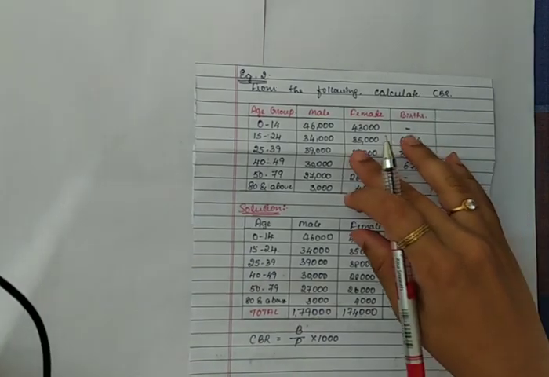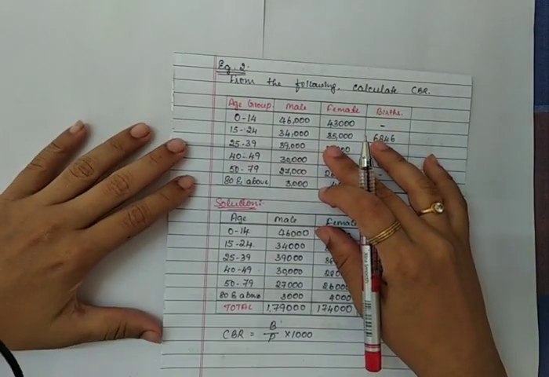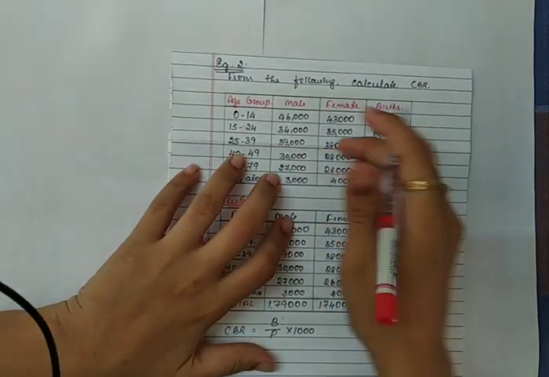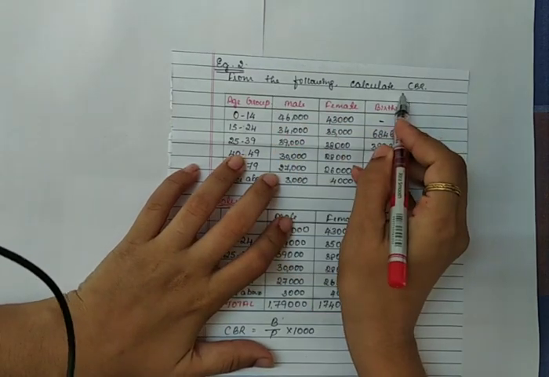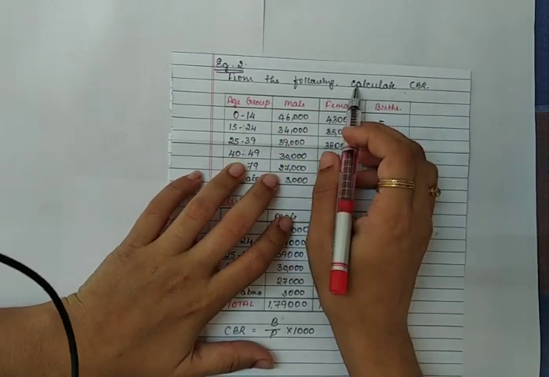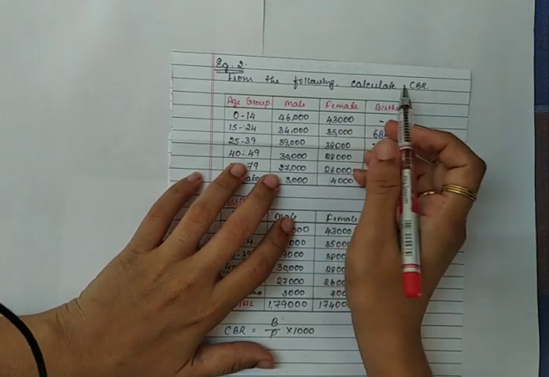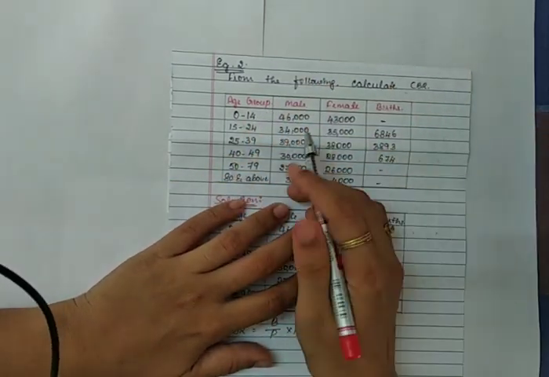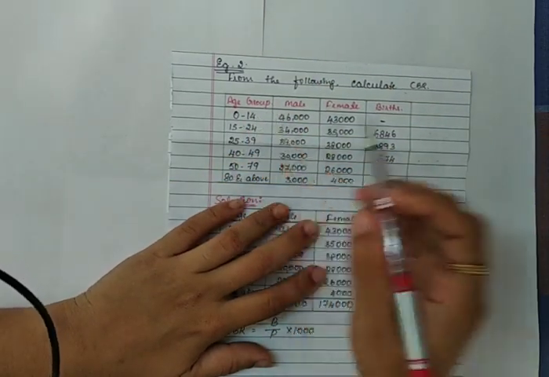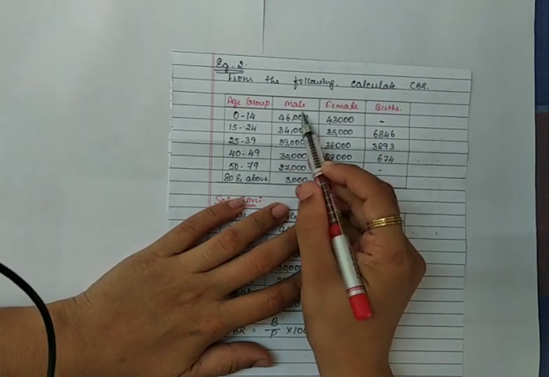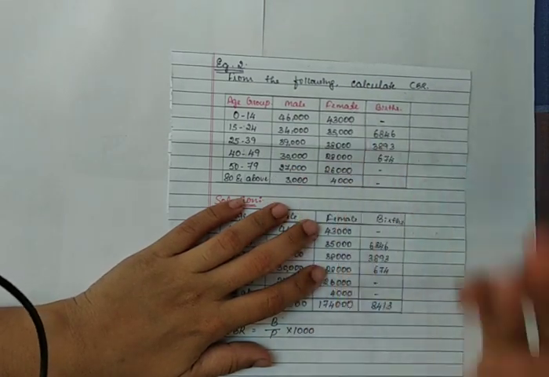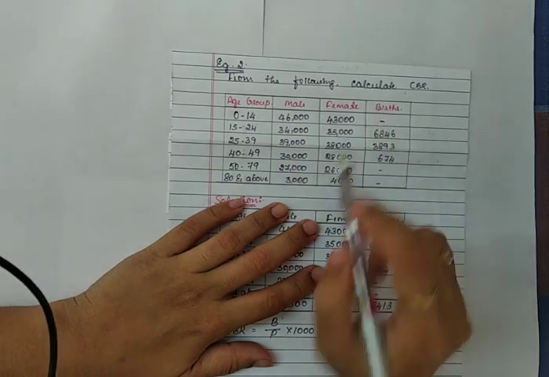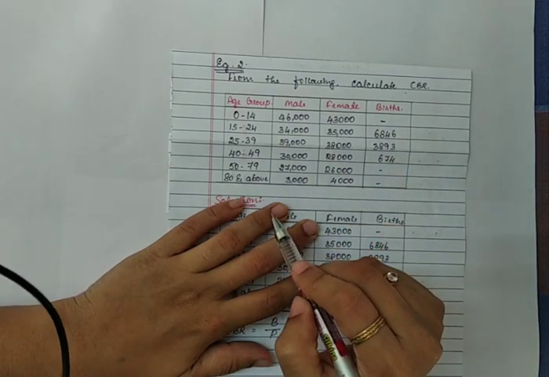Now let us see the second example. So now in this, from the following data calculate CBR, crude birth rate, and these are the data. Age group is given, male female number is given, and also the births are given.